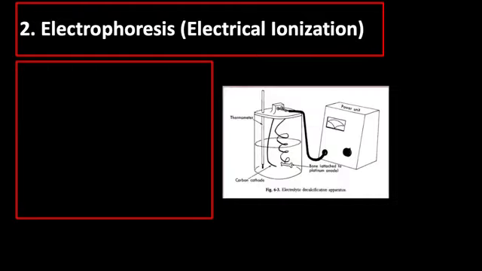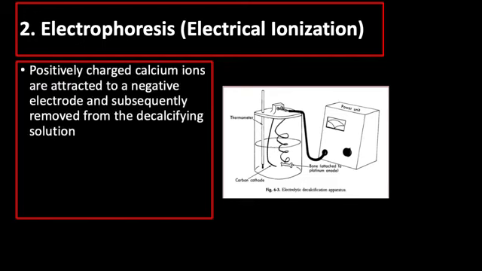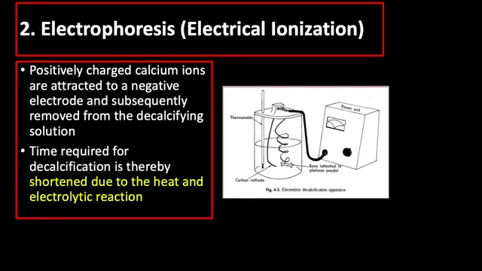Another technique is electrophoretic decalcification, where positively charged calcium ions are attracted to a negative electrode and subsequently removed from the decalcifying solution. So the time required for decalcification is thereby shortened due to the heat and electrolytic reaction.